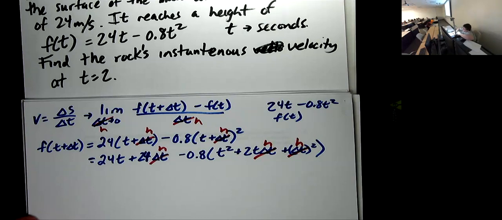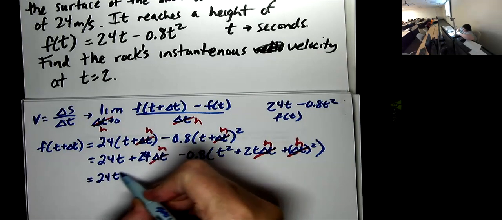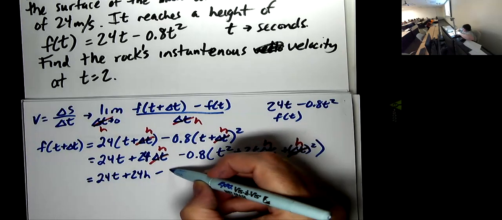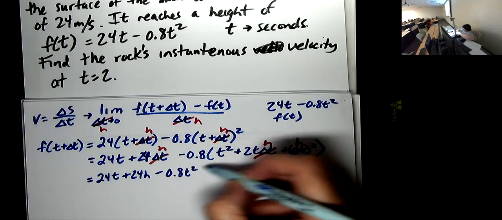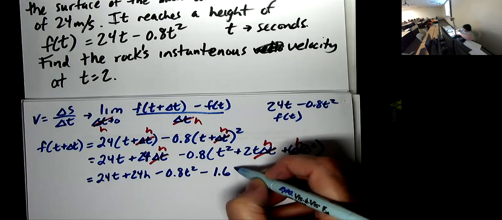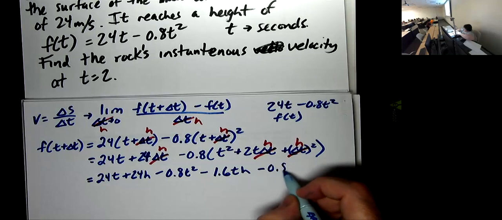So if I clean that up more, let's see what we got. I've got 24t plus 24h minus 0.8t squared minus 1.6th minus 0.8h squared.